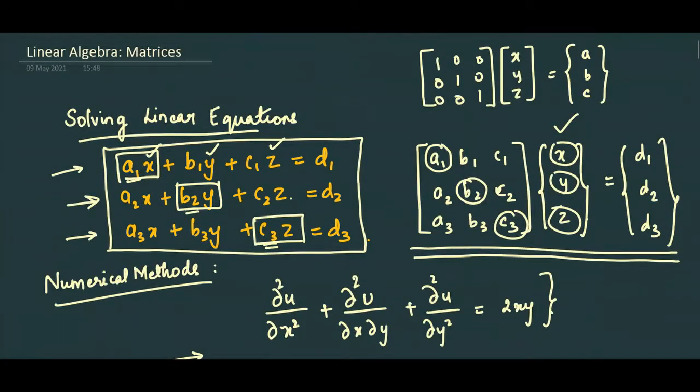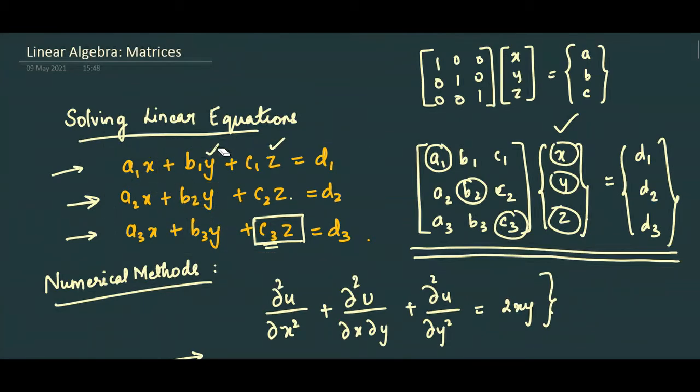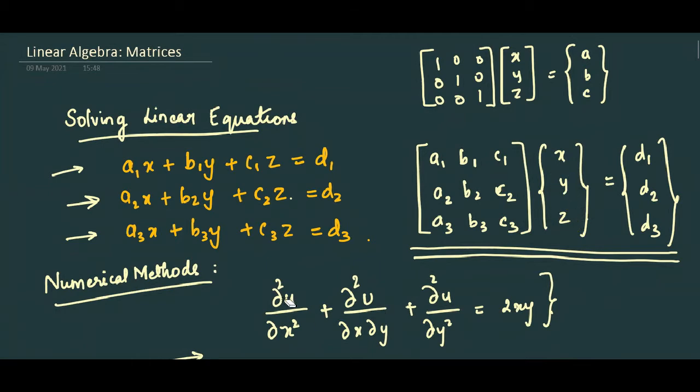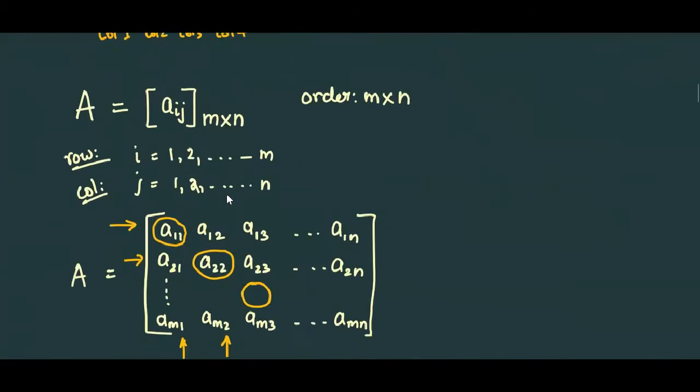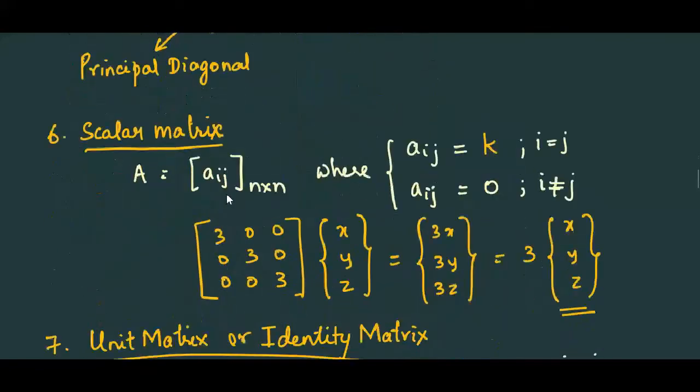The simultaneous equations, so that we are able to write the equations in this form, and then we solve. For that reason, multiplication of matrices is defined like this. The whole idea of developing matrix algebra is to solve simultaneous equations.